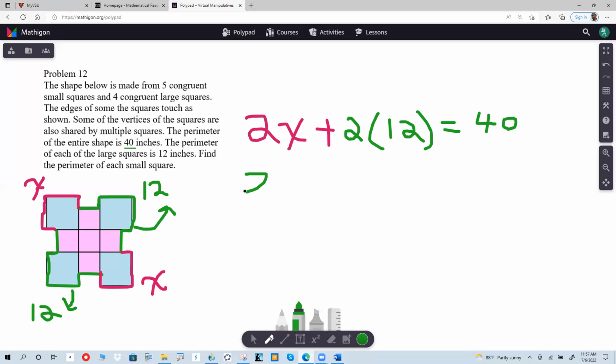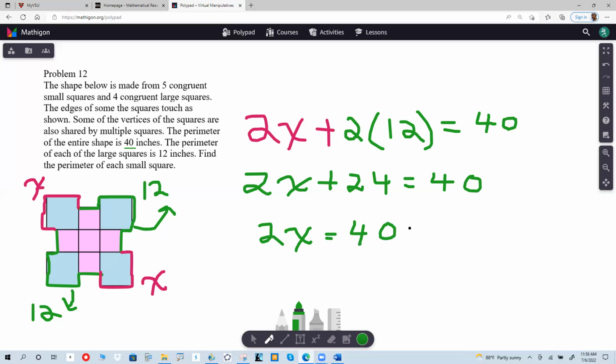What do we get here? 2x plus 24 is equal to 40. Solving for x, x is 16 over 2.